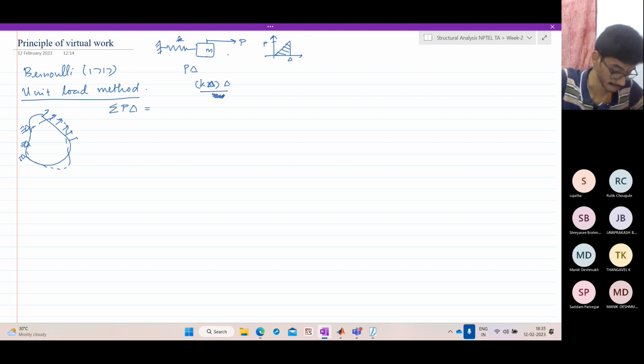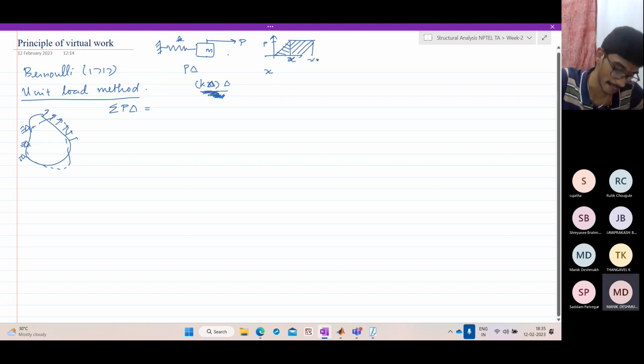Sorry, it's not right. So if the spring is already stretched, say the spring is already stretched by X, in that case this is X, this is X plus delta.